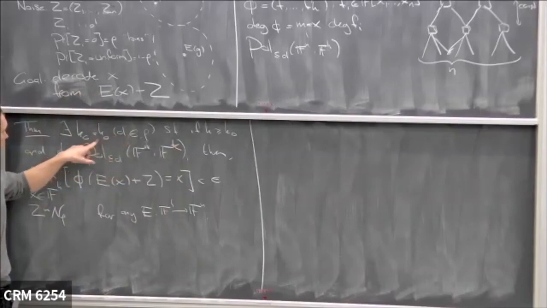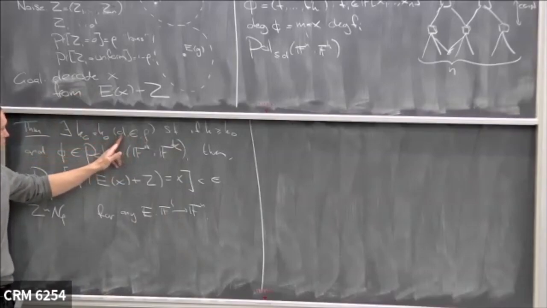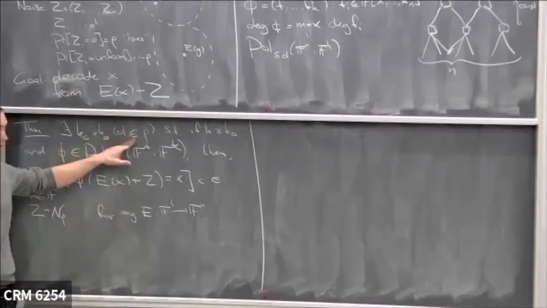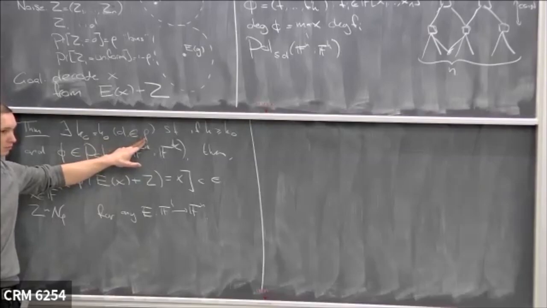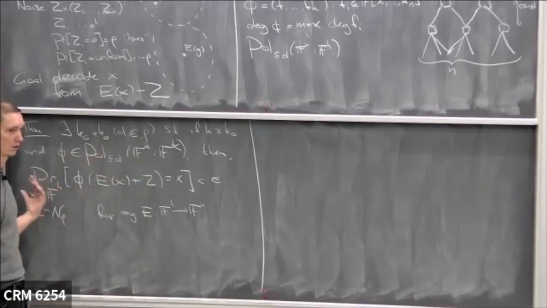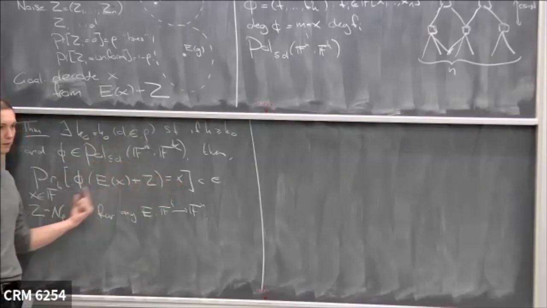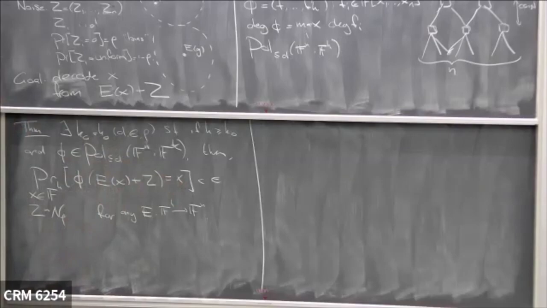So K0 depends on three parameters: the degree of your polynomial map, an epsilon that you choose in advance, and the noise parameter rho. Once you've chosen these things, this will hold. So epsilon is an upper bound on the probability with which your polynomial map correctly decodes your error correcting code. When is the N chosen? Yeah, so N doesn't appear here.